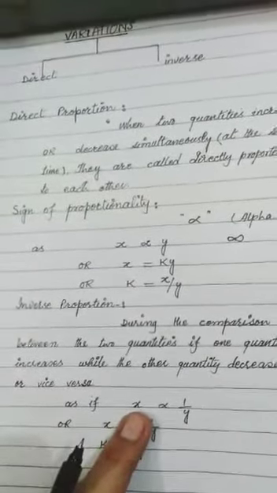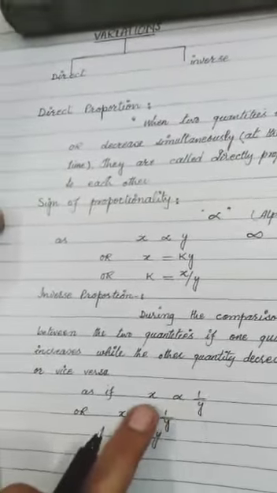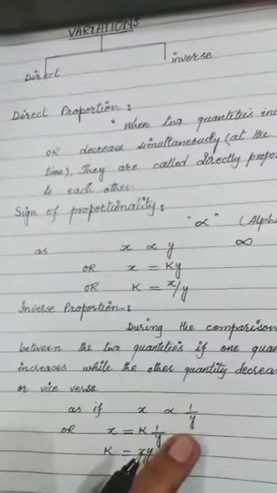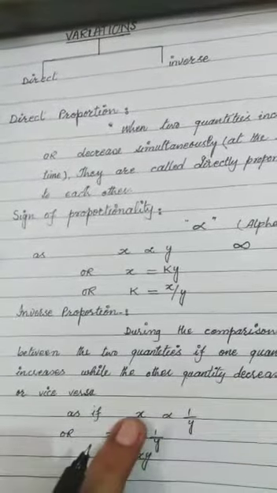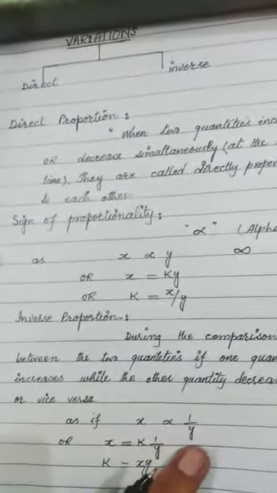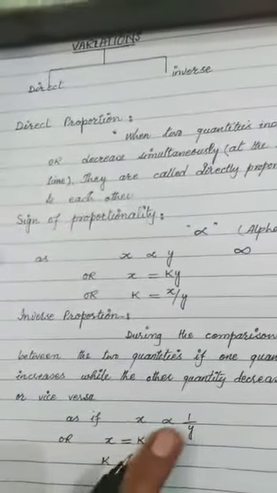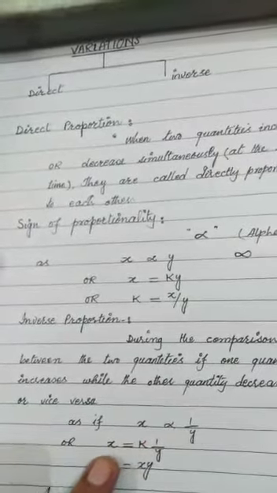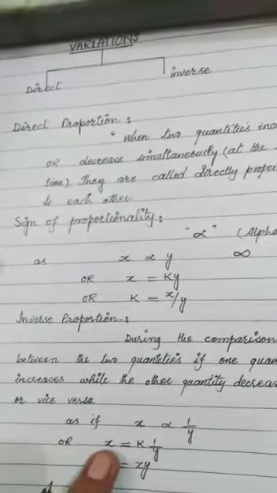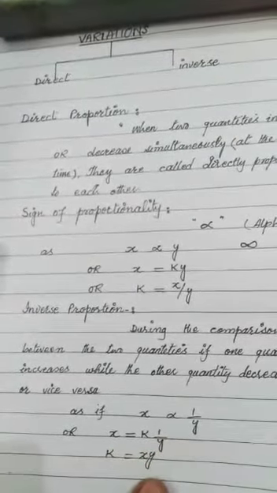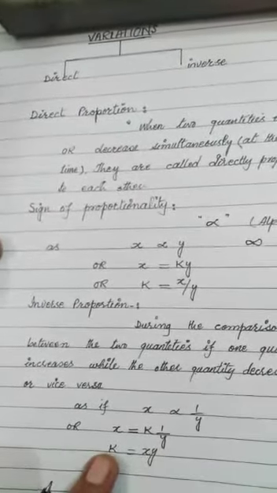If x is inversely proportional to y, we will write it in this way: x is directly proportional to 1 over y, or we will read it as x is inversely proportional to y. And when proportionality is converted into equations, we will write the expression x is equal to k into 1 over y, or k is equal to xy.